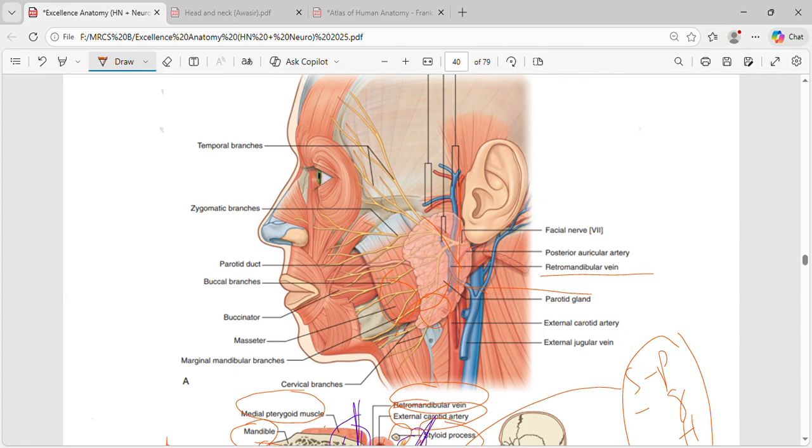The posterior division joins the external jugular vein. This is the external jugular vein, this one. So it joins here with the external jugular vein, which then drains into the subclavian vein.